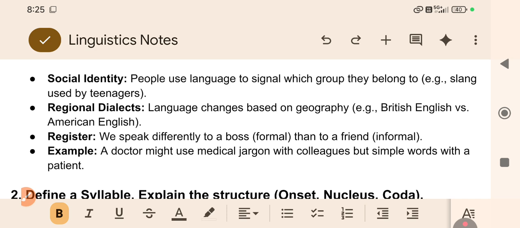Regional dialects: language changes based on geography. British English versus American English is a very good example, right? We create one language between two groups, two communities, like our friends, so geographical boundaries matter, right?